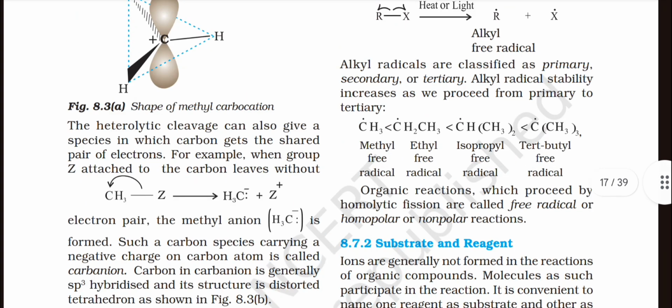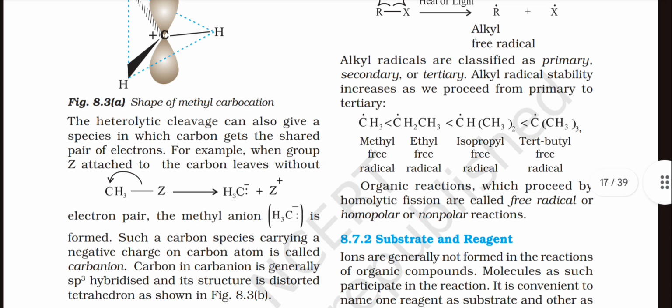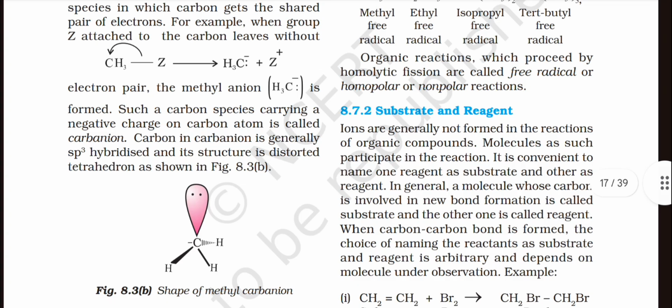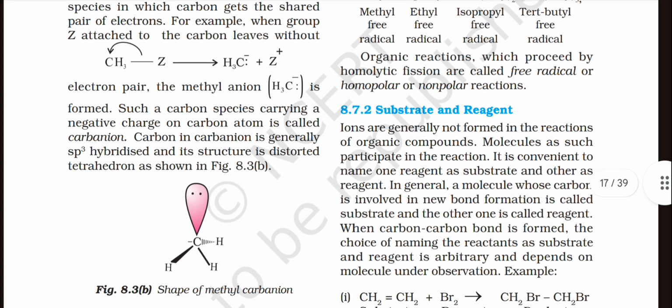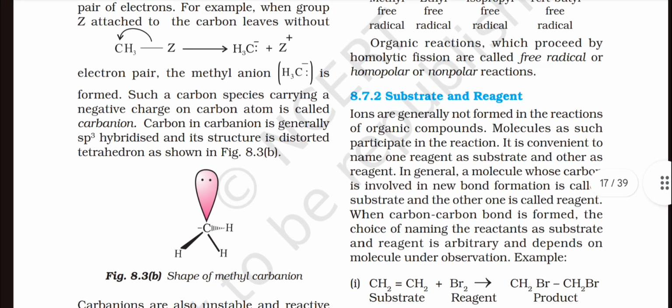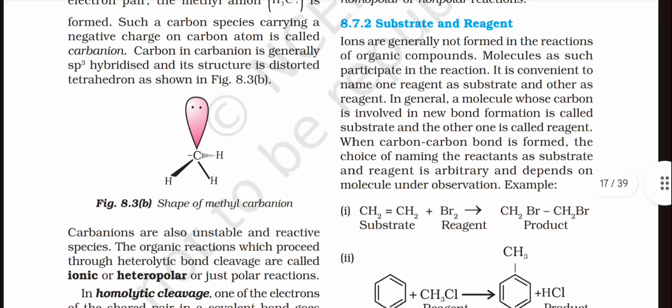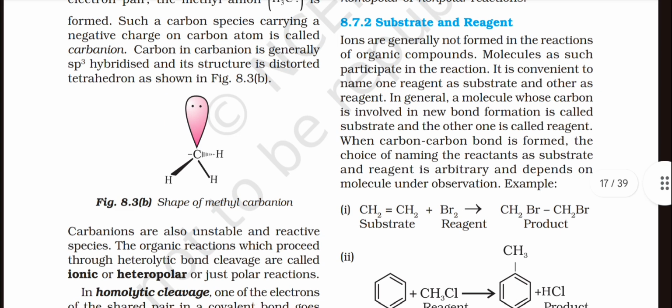Alkyl radicals are classified as primary, secondary, and tertiary. Alkyl radical stability increases as we proceed from primary to tertiary. Organic reactions which proceed by homolytic fission are called free radical, homopolar, or non-polar reactions. Substrate and reagent ions are generally not formed in the reaction of organic compounds; molecules as such participate in the reaction.